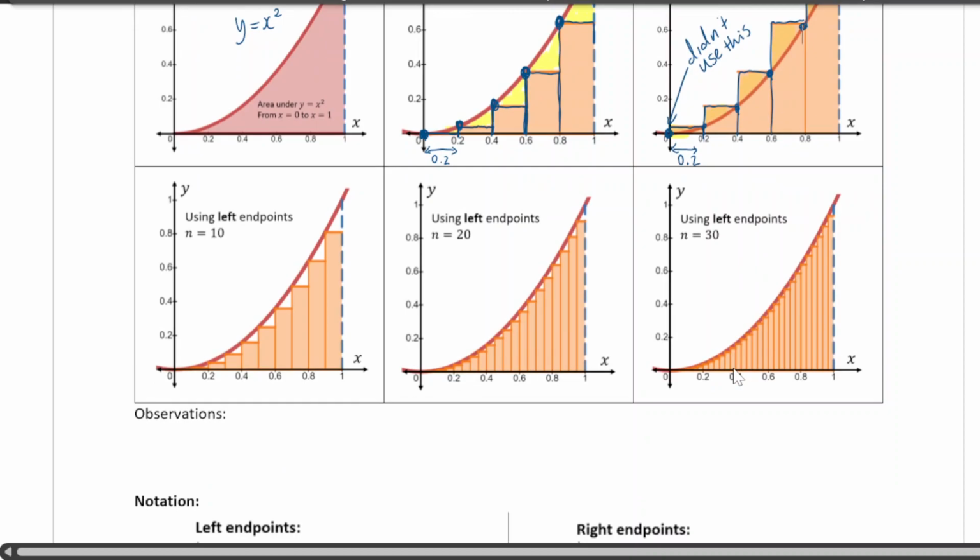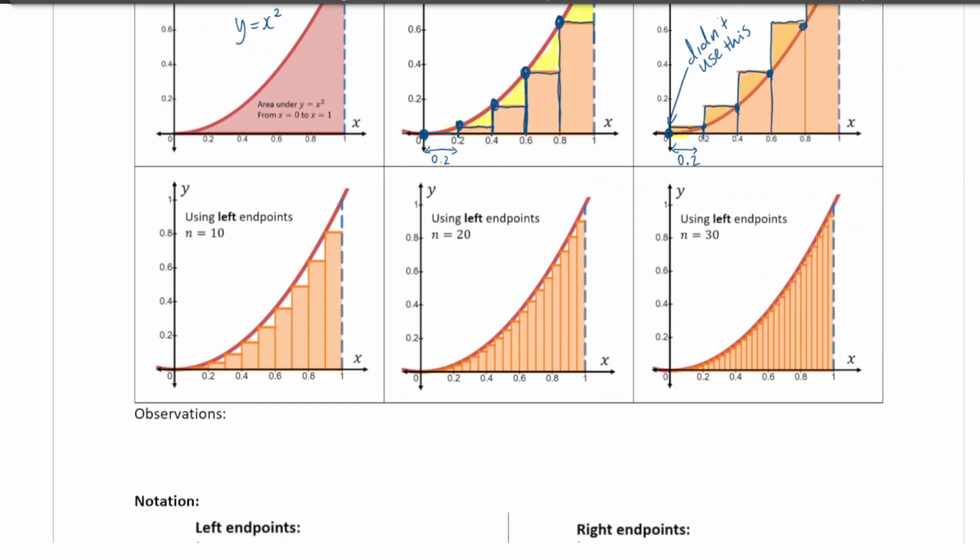So some observations here. So for this particular graph, because it's an increasing graph, you get a low estimate from the left. That's not always true, right? The left, and a high estimate from the right.